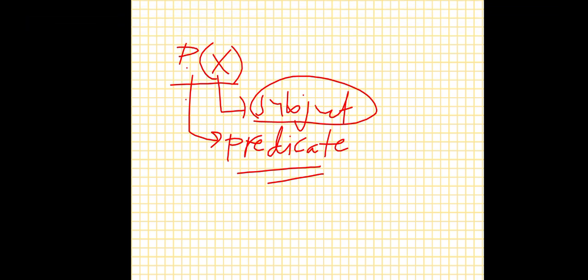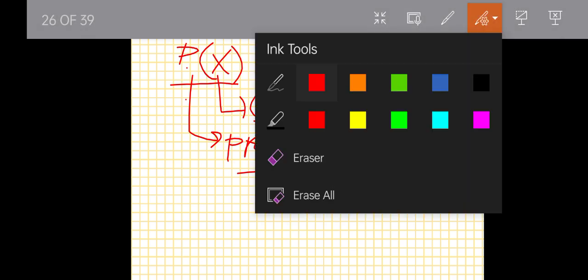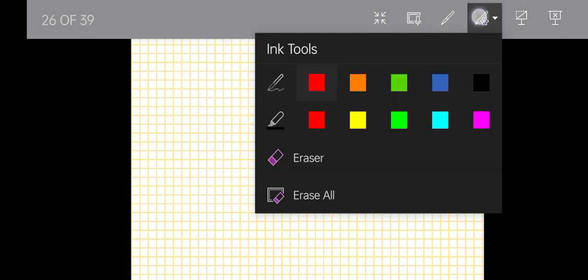Okay? So, last meeting as well, we have discussed the different types of quantifiers. First, we have the universal quantifier. It is denoted by this expression, for all x, P of x.